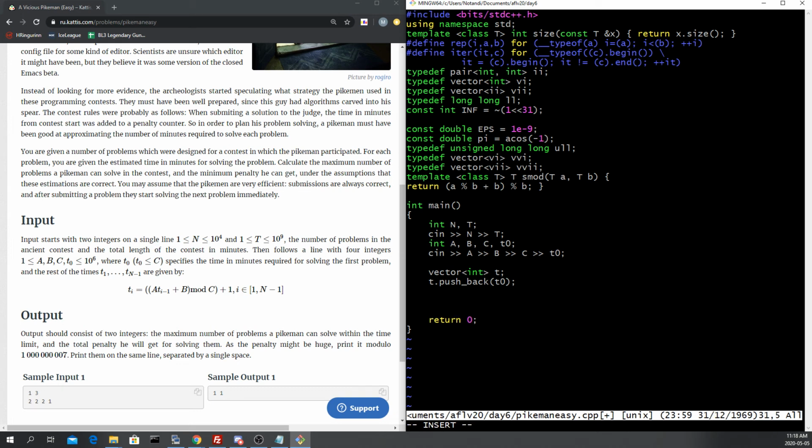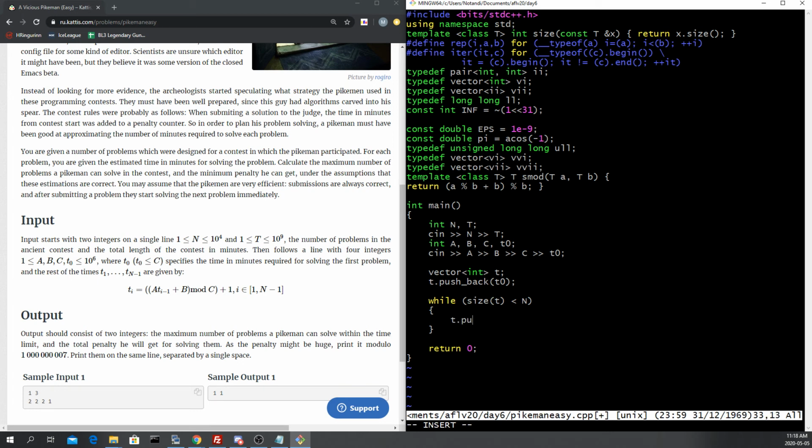Okay, and then we just want to create enough numbers for n problems. So while the size of times is less than n, we want to add the next value here.